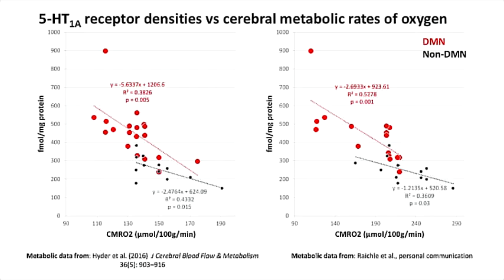And now, for the first time, a separation between default mode and non-default mode networks. Here, for the 5-HT1 receptor, irrespective of the metabolic data from one group or another group, you see that the oxygen extraction rate has a very steep slope in the default mode network and a lesser steep slope in the non-default mode network.